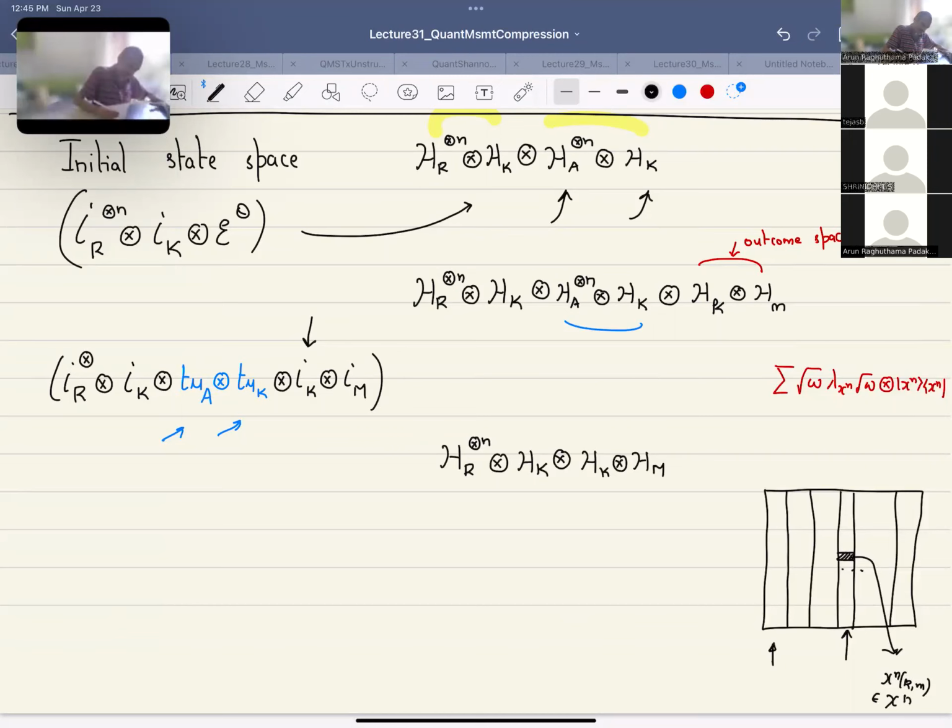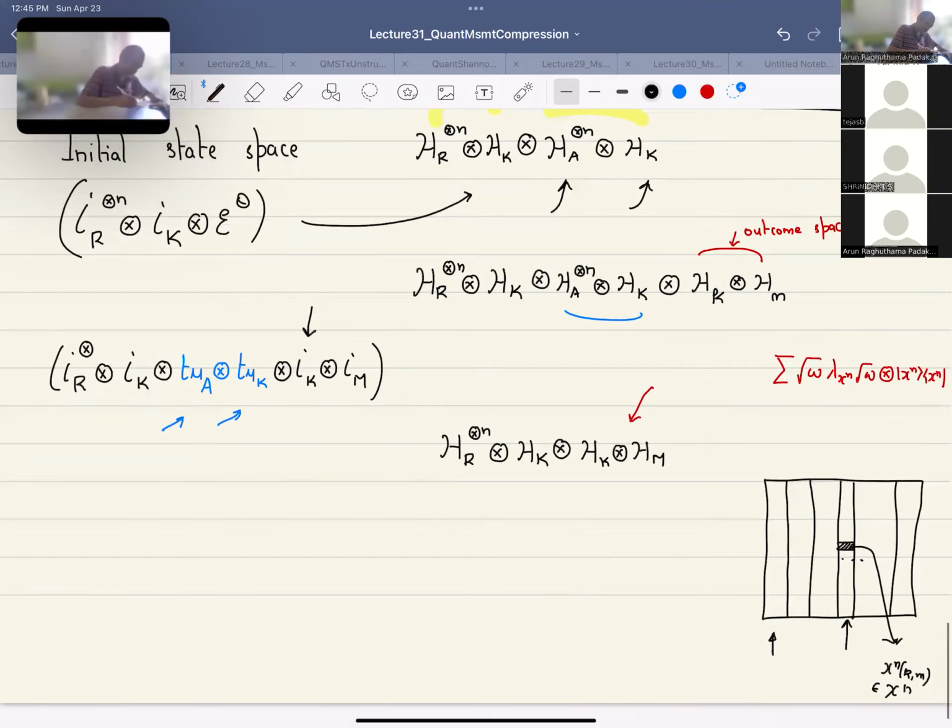So what he is doing, he is staring at the register km, and he will display out xn of k comma m. Now, since we are all in this measurement language, we should write that also as a measurement. Our process also should be written as a measurement, where you look at k comma m and you throw out xn of k comma m. So that also is a measurement at Bob's end.